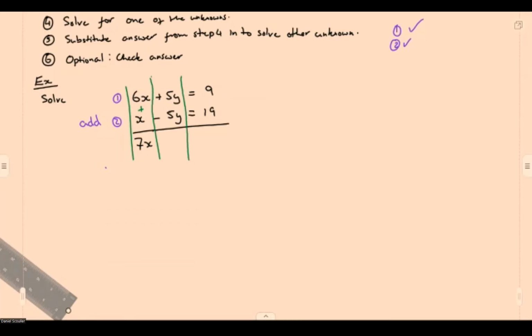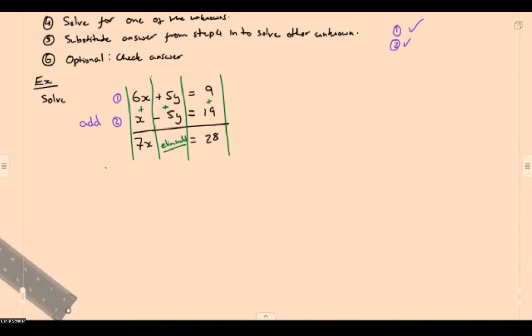So it's plus 5y, and if we add negative y, we're going to get 0. We get nothing in there. The y terms are eliminated. You don't need to write eliminated every time, you just don't need to write anything. Then our third column, we've got 9 plus 19, and that gives us 28. The equal sign stays where it is.